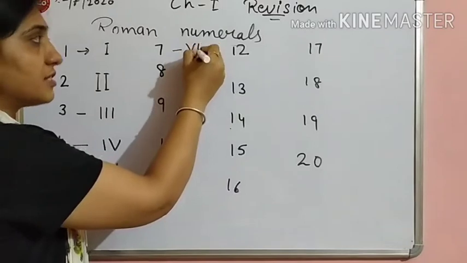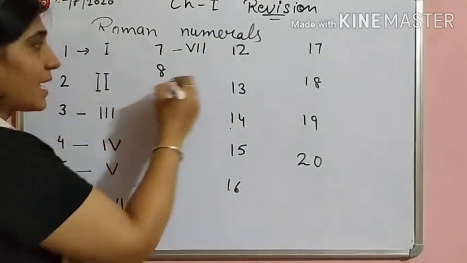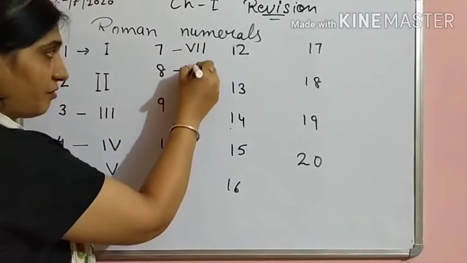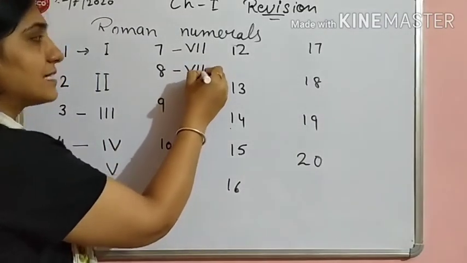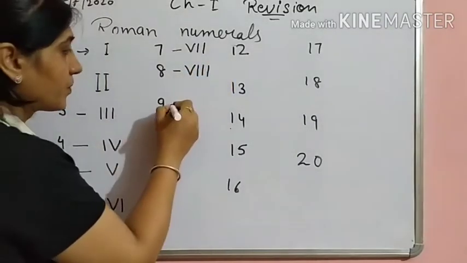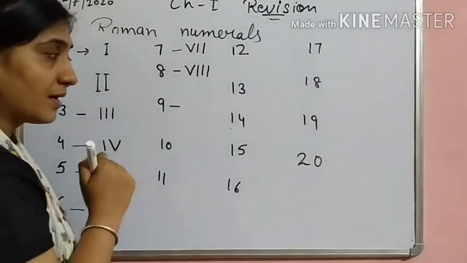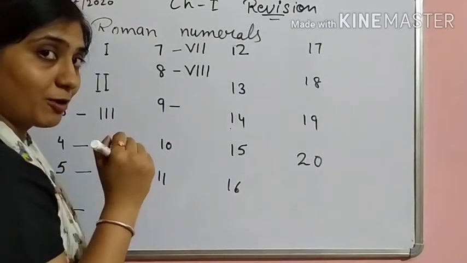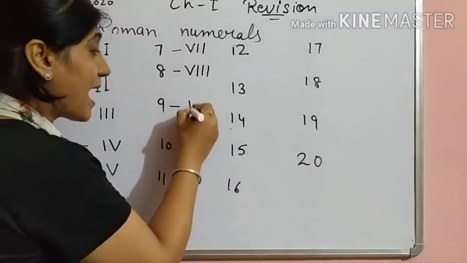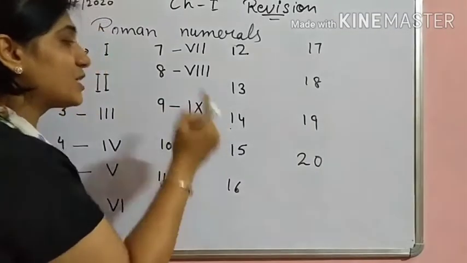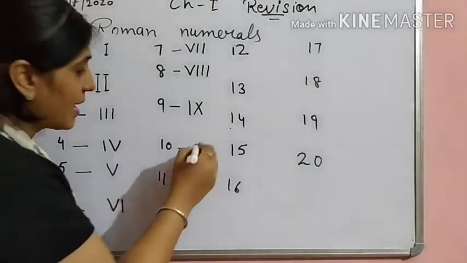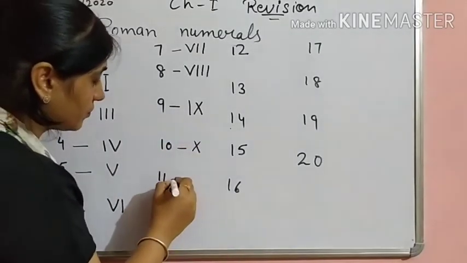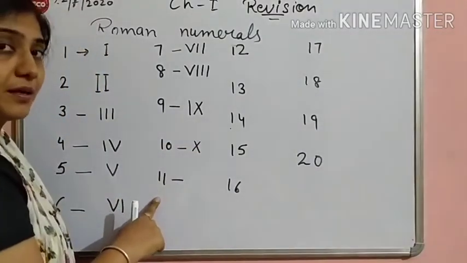V means 5, 5, 6, 7, 8. And 9. Yes, 9. I told you, na? Yes, IX. It means 10 minus 1, 9. And 10, X.